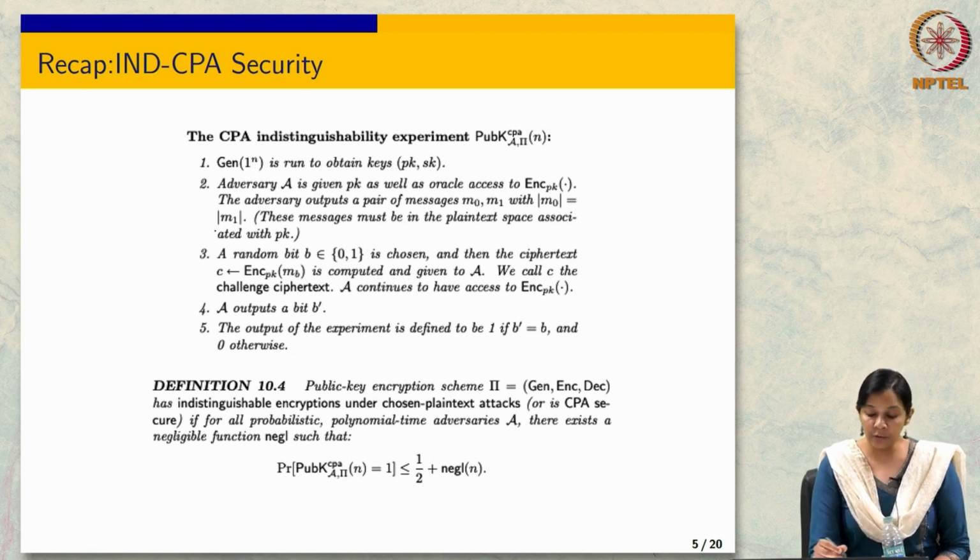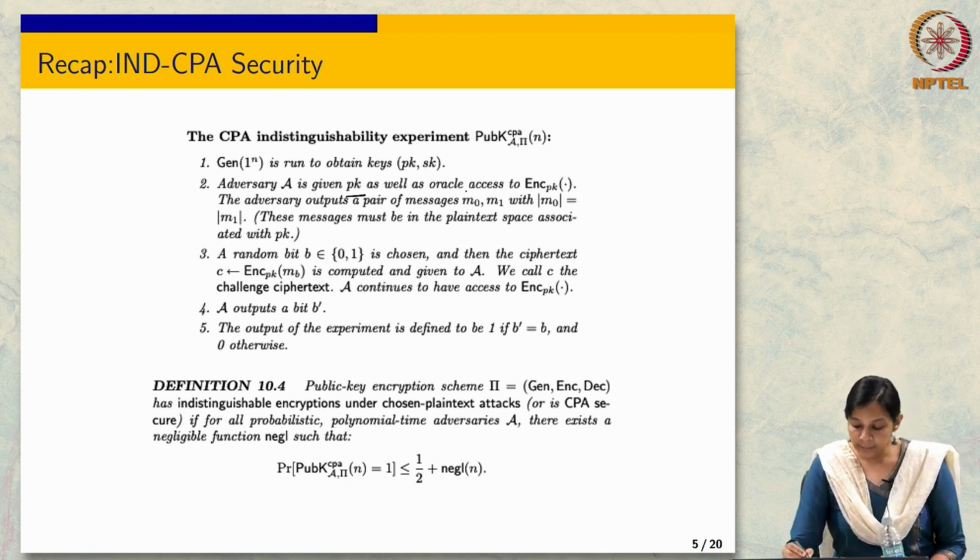So what this definition says is that the adversary is given the public key, right? We'll even be looking at a simpler definition than this, where we don't even need to give oracle access to the encryption procedure. But fine, let us stick to the formal definition as stated here.